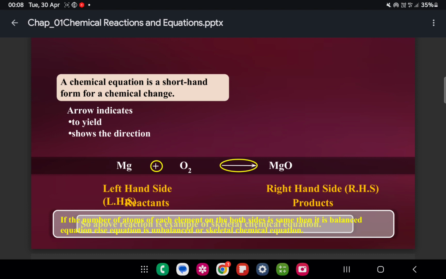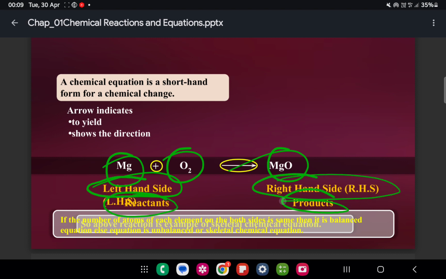A chemical equation is a shorter method to tell a chemical change. In the left hand side, magnesium plus oxygen, we get magnesium oxide. The left hand side is called reactants, the right hand side is called products. If the number of atoms of each element on both sides is the same, then it is a balanced equation.